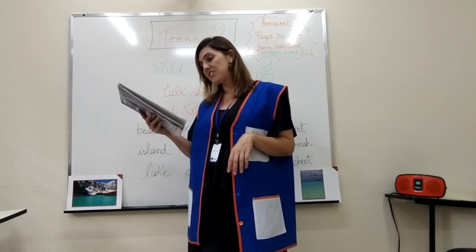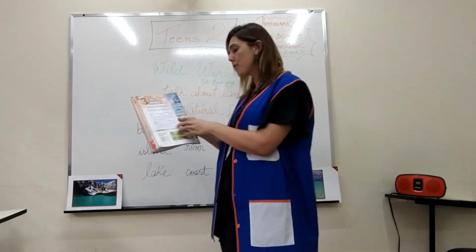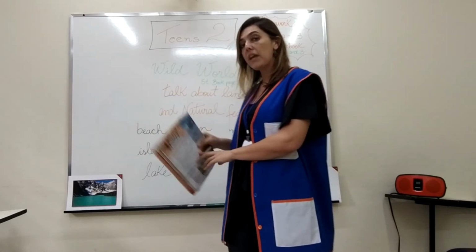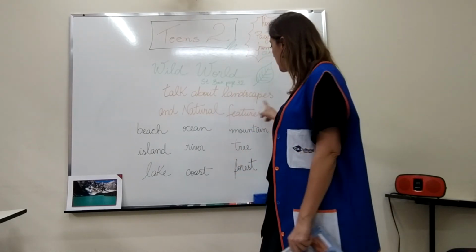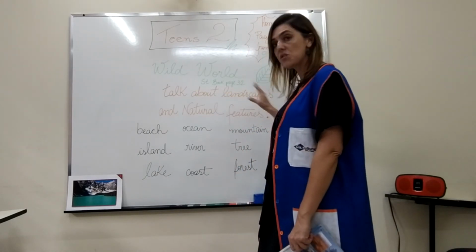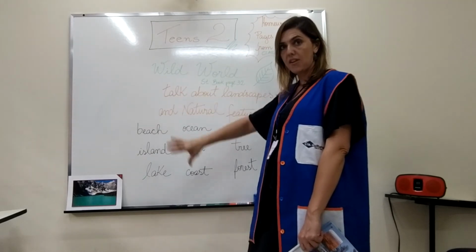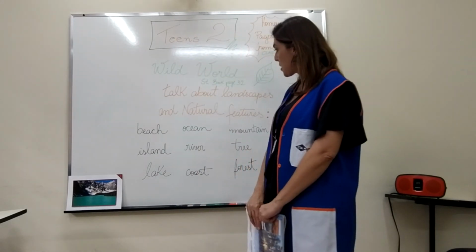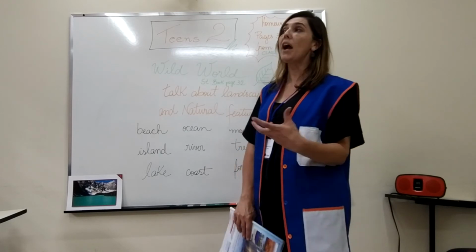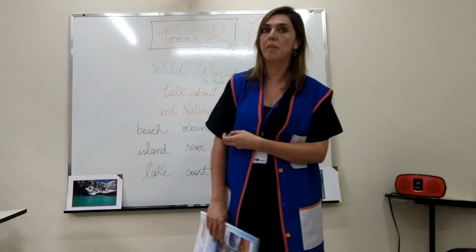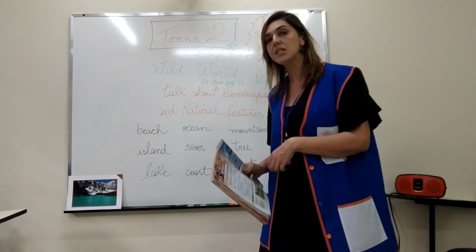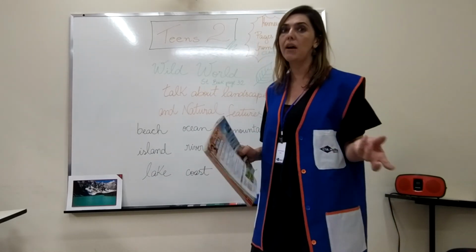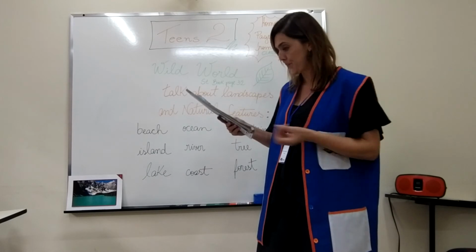So, countryside, okay, this whole landscape. What's a landscape? It's what you see, it's the place itself. This entire landscape is in the countryside. Why? Because we don't see that here in São Paulo, right? We only see it when we drive away from São Paulo to the countryside.